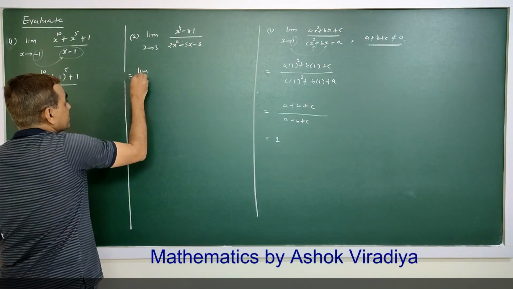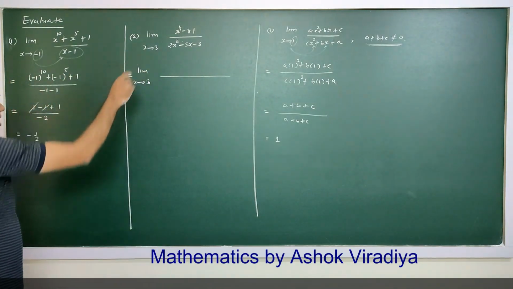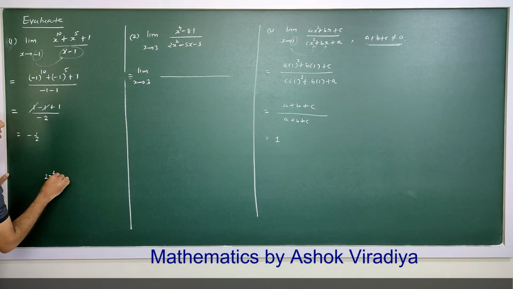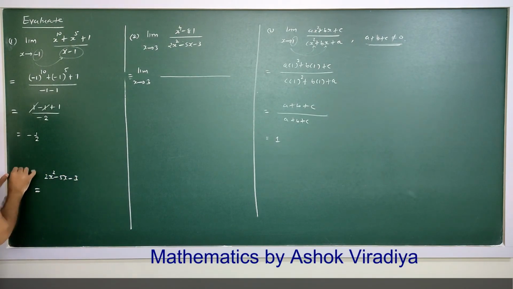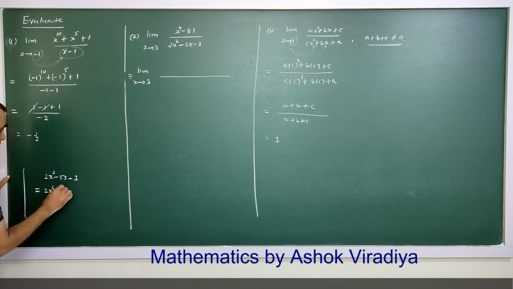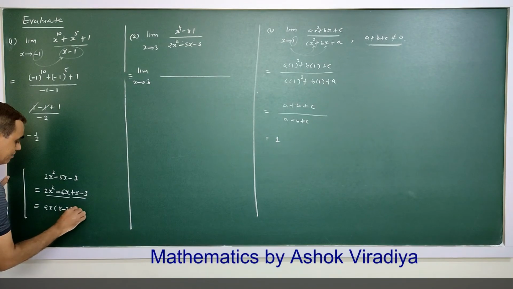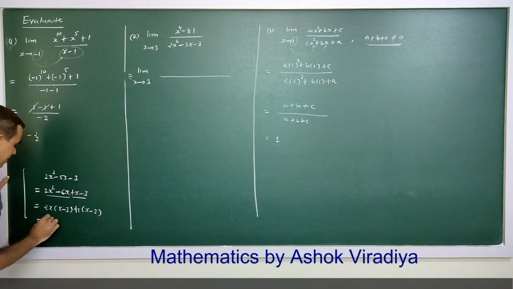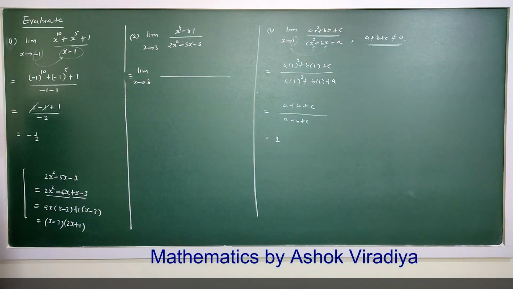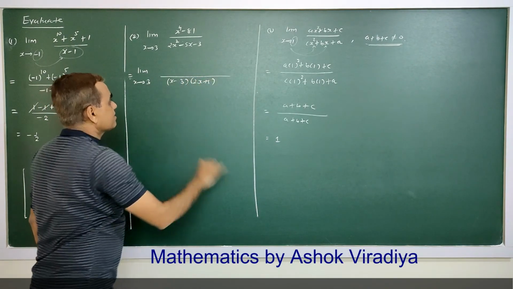Factorizing this, 2x square minus 5x minus 3. I am putting factors of this polynomial. 2x square minus 6x plus x minus 3. So this is 2x common, x minus 3 plus 1 common, x minus 3. So x minus 3, 2x plus 1 are factors.